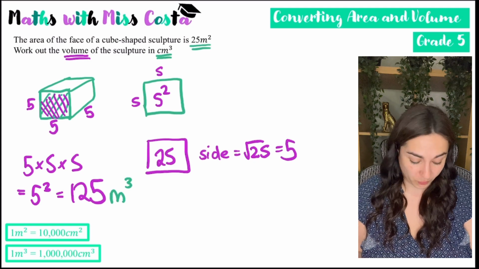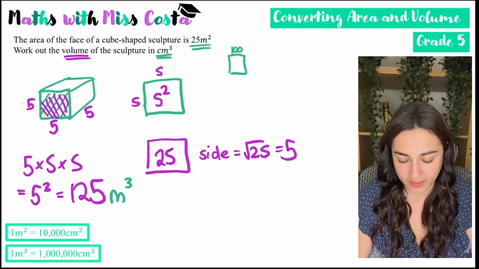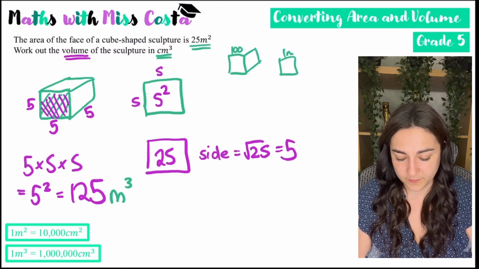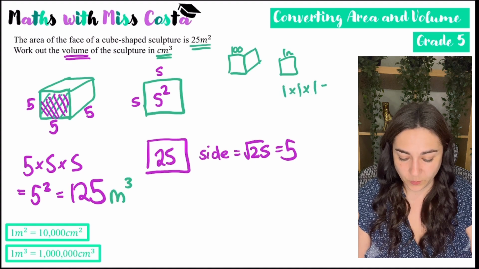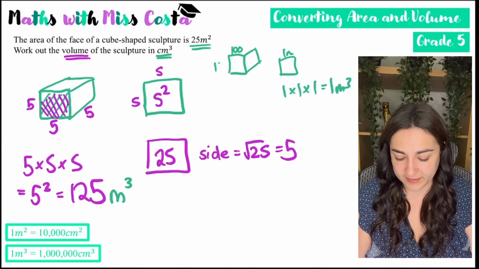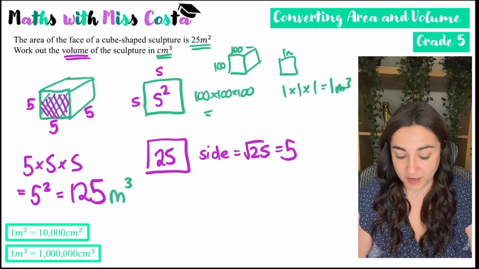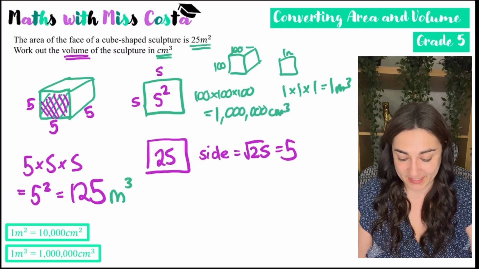So either you memorize what the units for volume are, or if you get stuck in the exam, you think to yourself, okay, so I know that if it was a cube, 1 meter is equivalent to 100 centimeters. So I do 1 times 1 times 1, which is 1 meter cubed. But if the same was centimeters, I'd have to do 100 times by 100 times by 100, which is 1 million centimeters cubed.